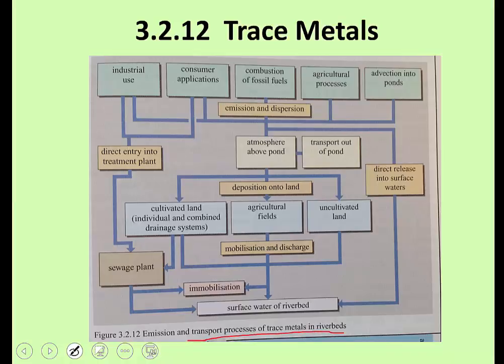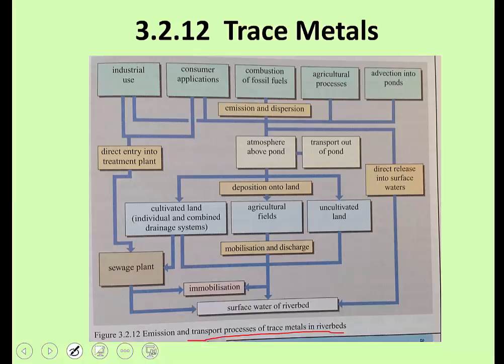This is for riverbeds, but it can hold for a lot of different things too, because these trace metals can create problems for us depending on the metals. If you look at a water quality report, you'll notice that trace metals get monitored just because of the issues some of them cause with our biological systems.